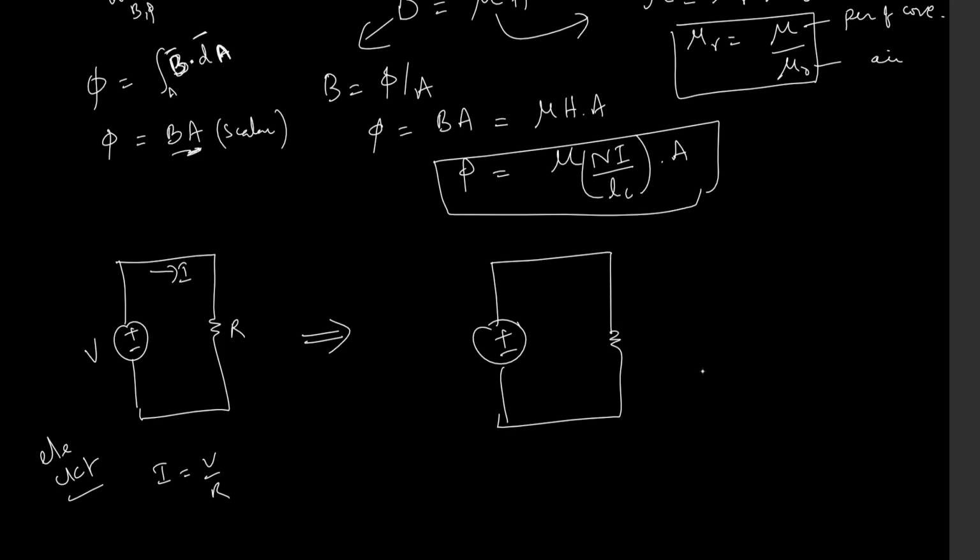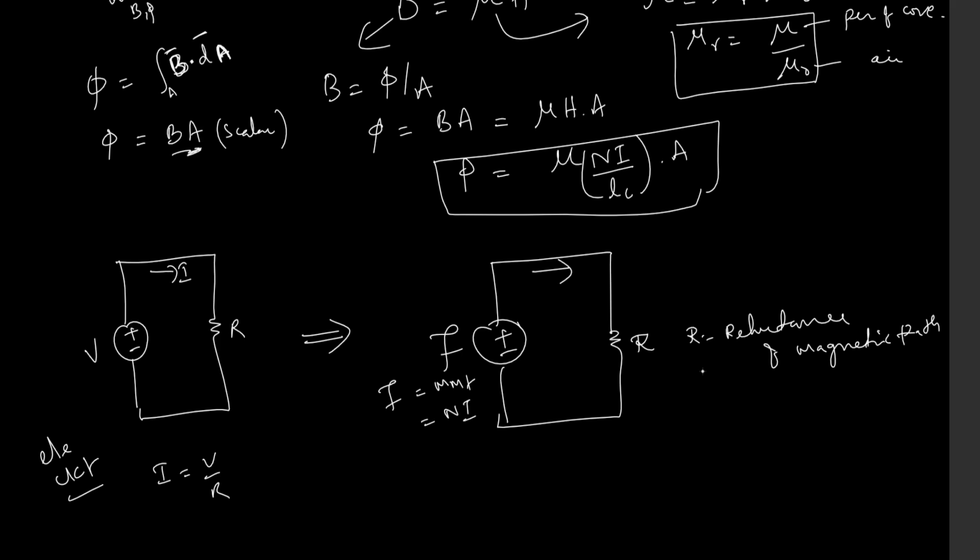Now the driving force will be the MMF, that is F, which is Ni. Instead of resistance, it is now the reluctance R of the magnetic path. And instead of current, it is now flux.